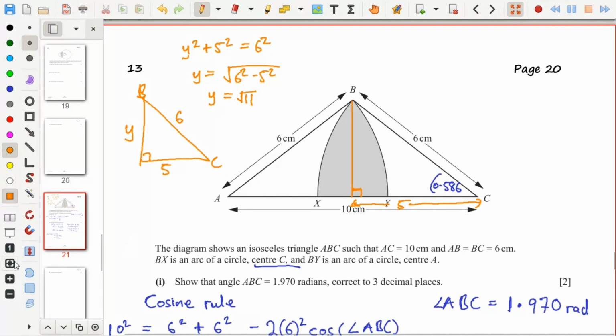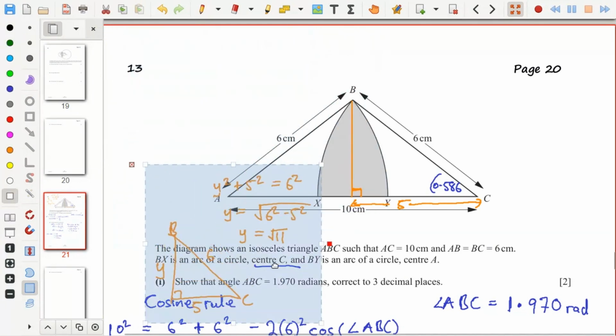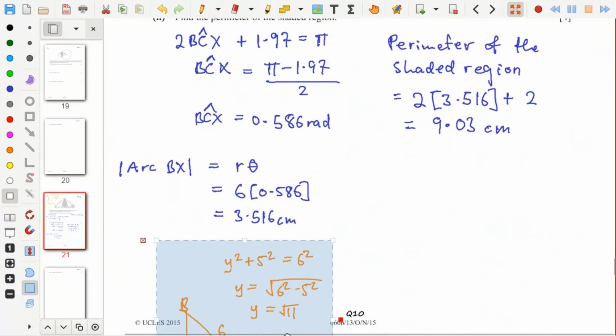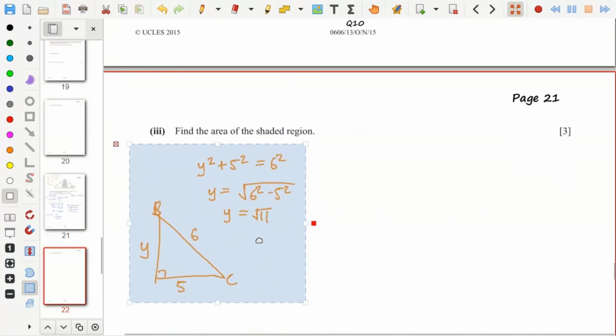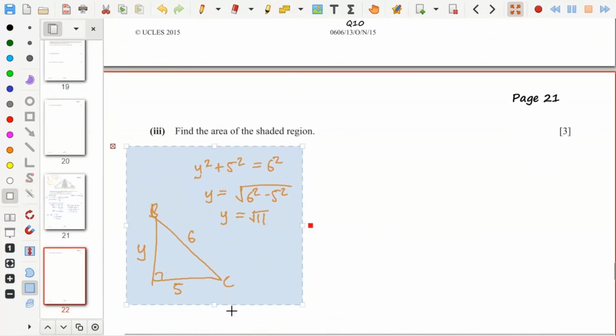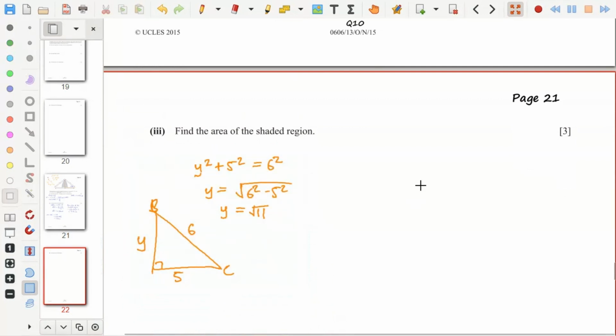Okay, so let me come and put this in here. It's very important for finding the area. Okay, then I can also find the area.